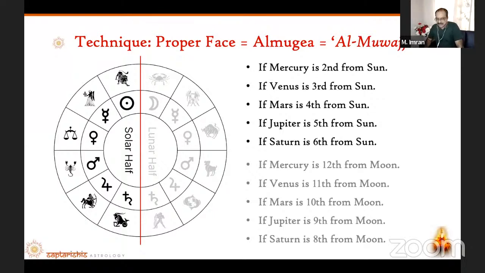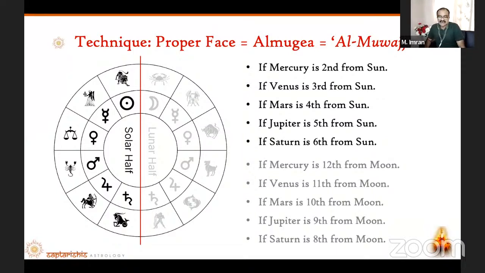In any chart, if Mercury is in the second from the Sun, it is called in proper phase, or Mercury is facing the Sun. The signification of Mercury, the signification of the house Mercury rules, or the house where Mercury occupies, greatly prospers with respect to the keywords of Mercury.